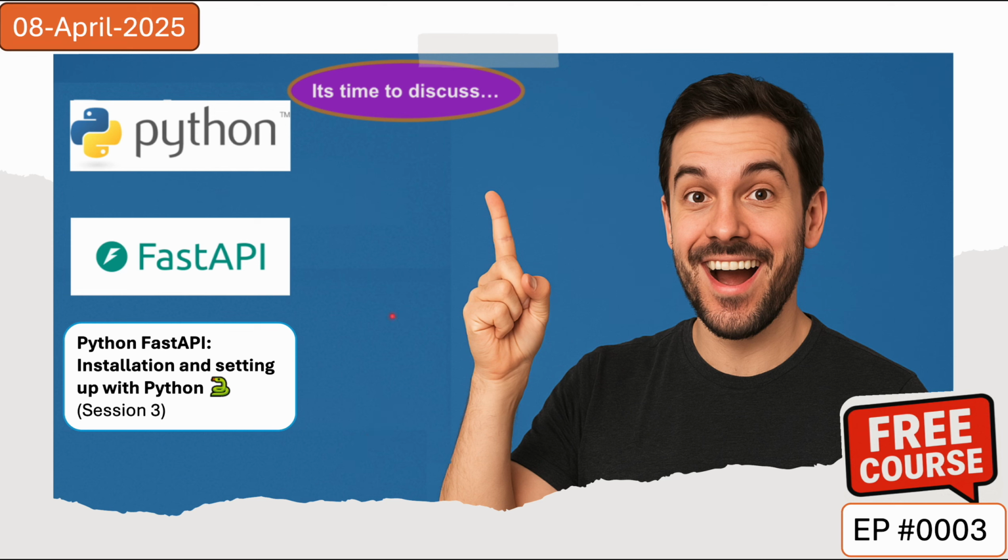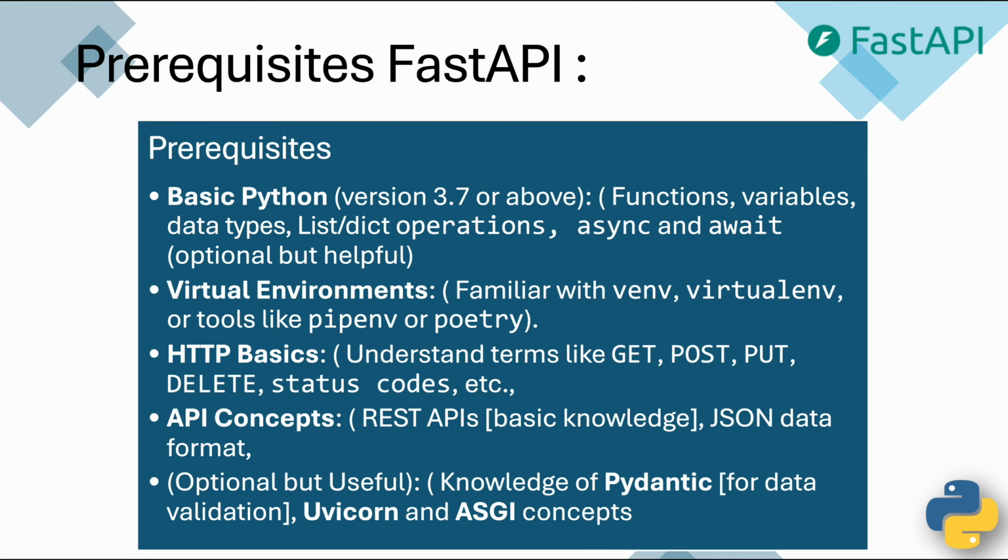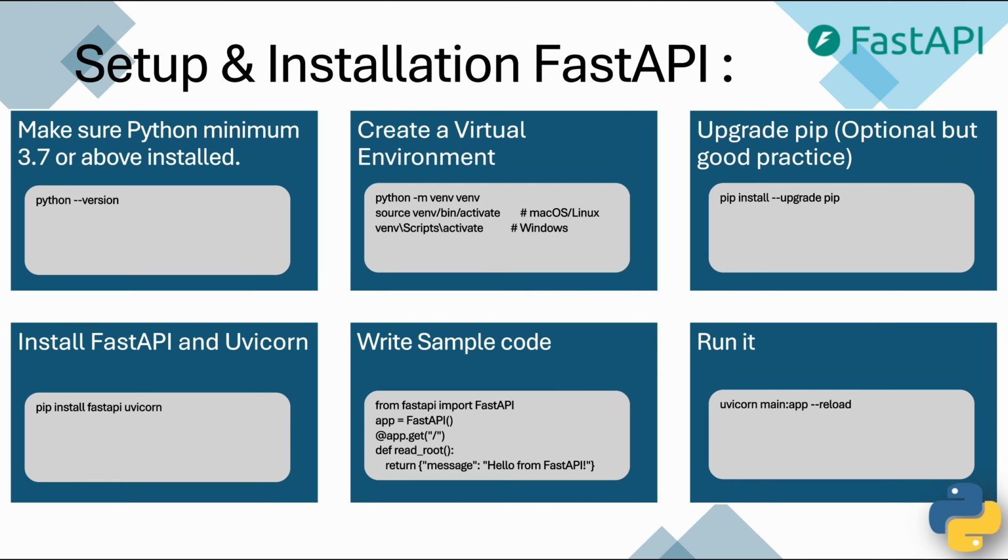Hello everyone. In the previous video we went through how to install. Installation, setup, and introduction we have discussed, and the prerequisites, but we only discussed the commands, what steps we have to execute, and we have not done it practically.